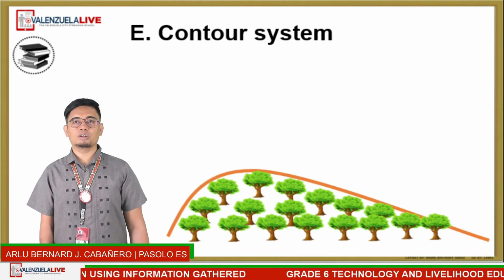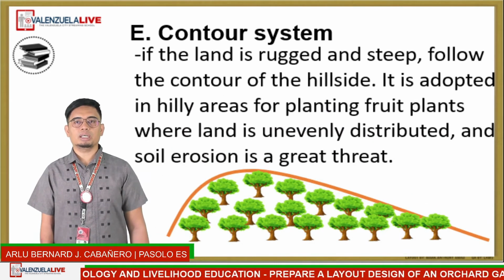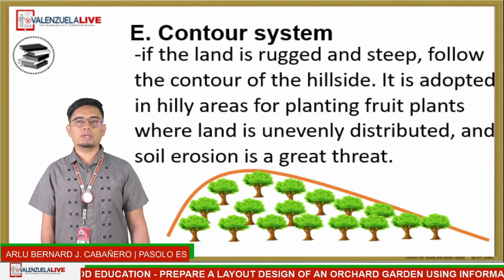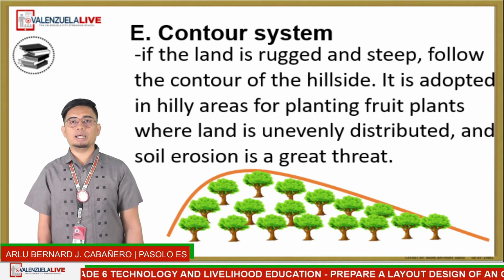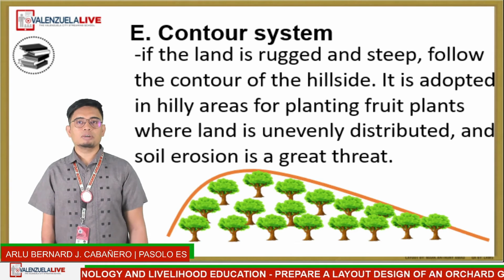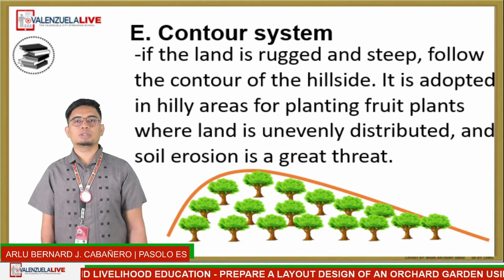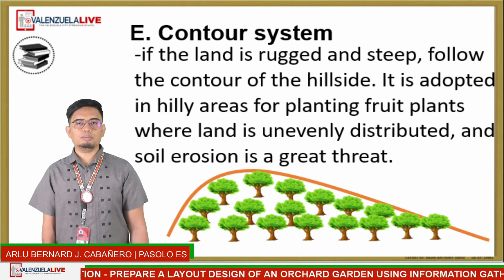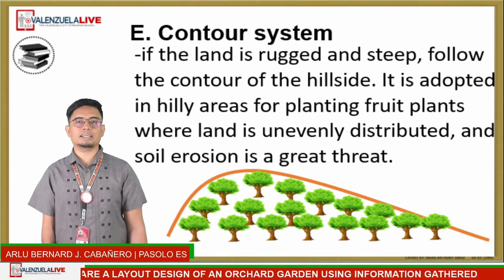Next, contour system. If the land is rugged and steep, follow the contour of the hillside. It is adopted in hilly areas for planting fruit plants where land is unevenly distributed and soil erosion is greatly threatened.